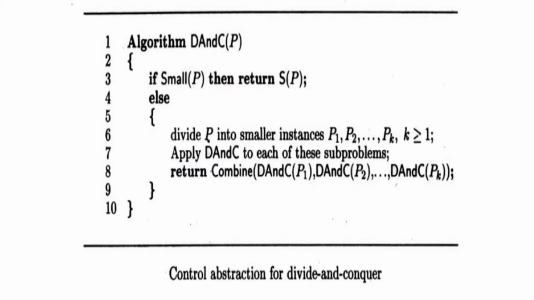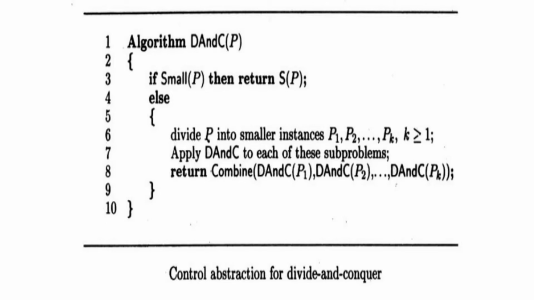Control abstraction for the divide and conquer method, or the general method of divide and conquer. Here DAndC is the name of the algorithm. The algorithm may be binary search, max min, merge sort, quick sort, etc. P is the problem or problem size.